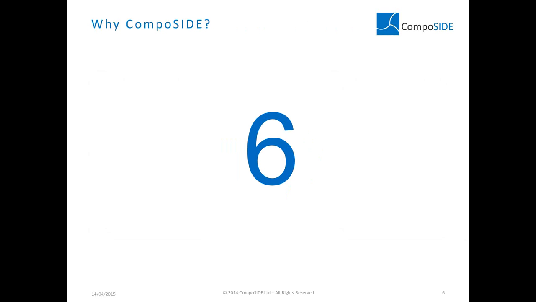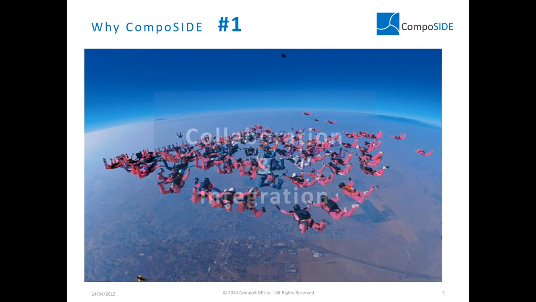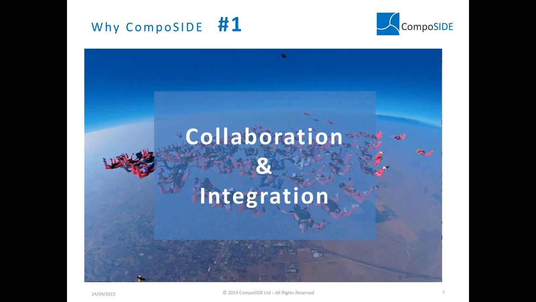There are 6 unique reasons or features that make CompoSIDE address this gap, and we want to briefly go through them just to give you an introduction. First one is collaboration and integration. The platform is a web-based platform which allows you to manage your entire CompoSIDE project development.